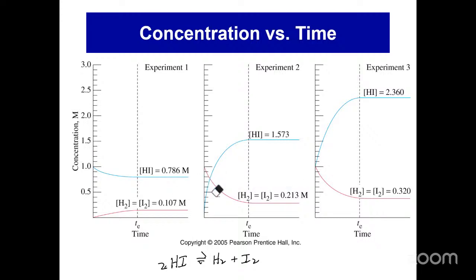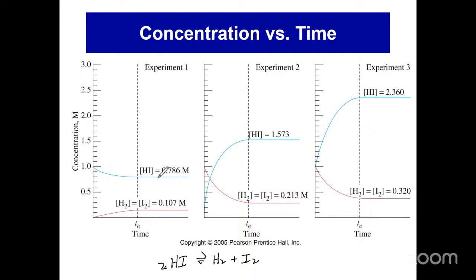We're looking at three different situations. In the first situation, we start off with 1.0 m of hydrogen iodide, and there's no hydrogen or iodine to begin with. As the reaction progresses to equilibrium, the concentration of HI decreases until it flattens out.